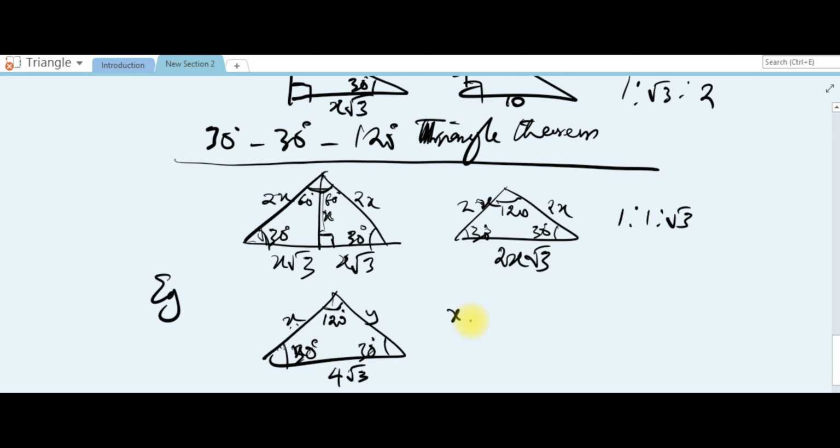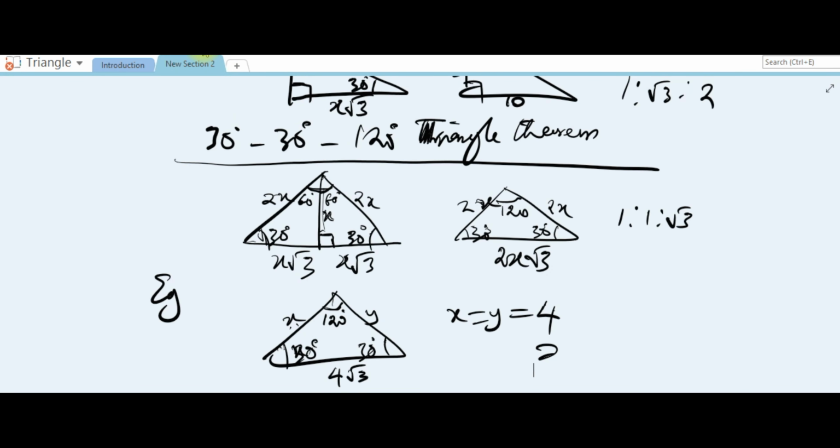Without wasting time, x and y are the same because of the isosceles triangle theorem, and it must be 4. Because remember, the ratio is 1 is to 1 is to root 3. So for this to be 4 root 3, x and y must each be 4.